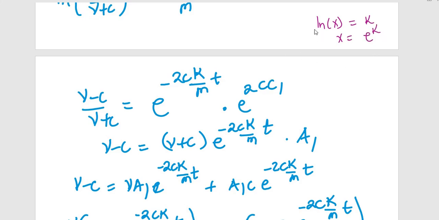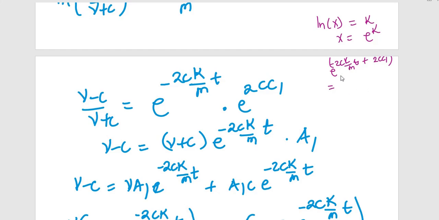So using the same example here, v minus c out of v plus c is equal to the exponential of whatever is on the other side. It will be the exponential of negative 2ck t out of m plus 2cc1, but using laws of logarithms, indices, and powers.